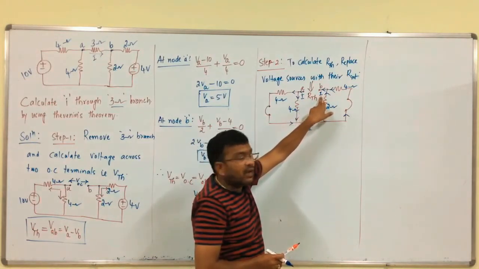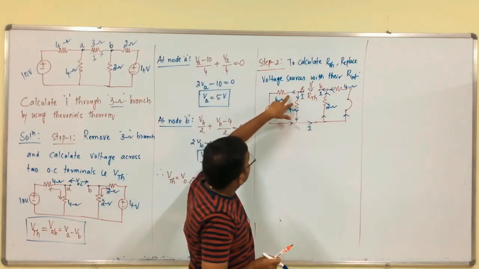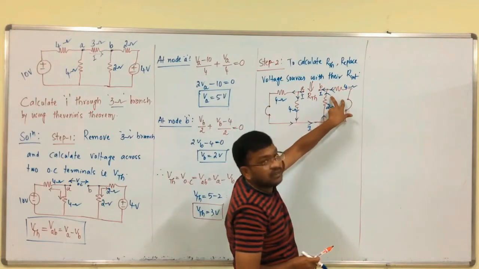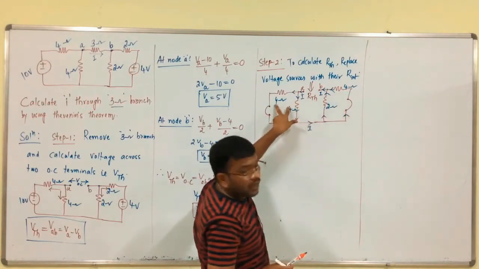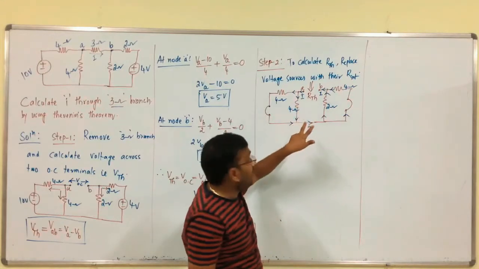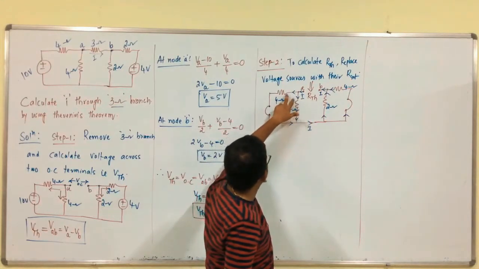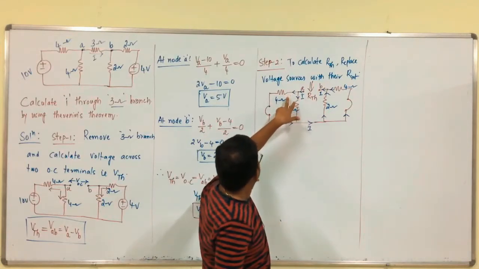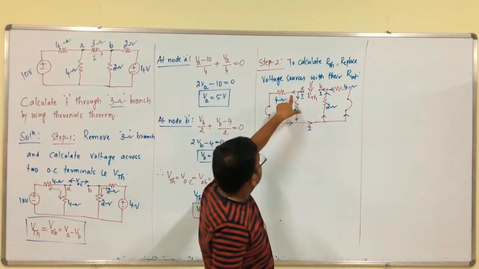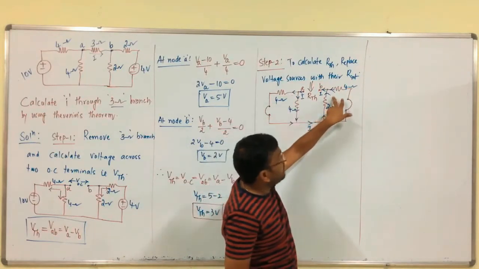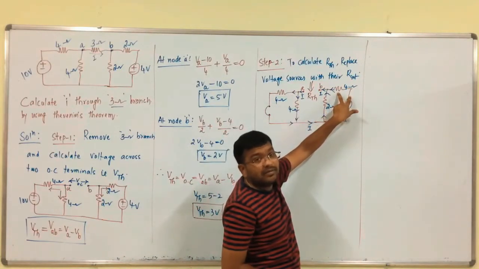KCL satisfied, and the current can be split into these two branches, here also the current can be split into these two branches. So, it is parallel because the current can be split into two branches. These two are connected in parallel, and these two are connected in parallel.